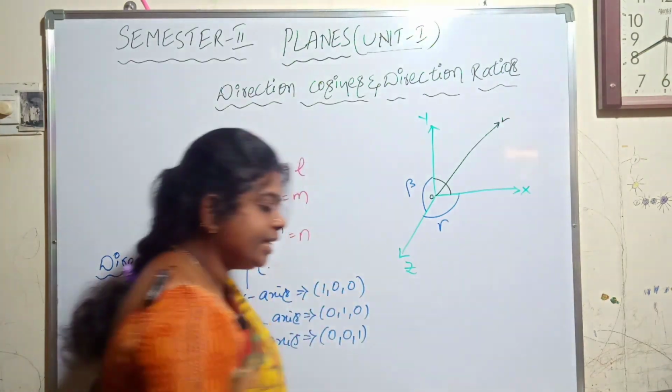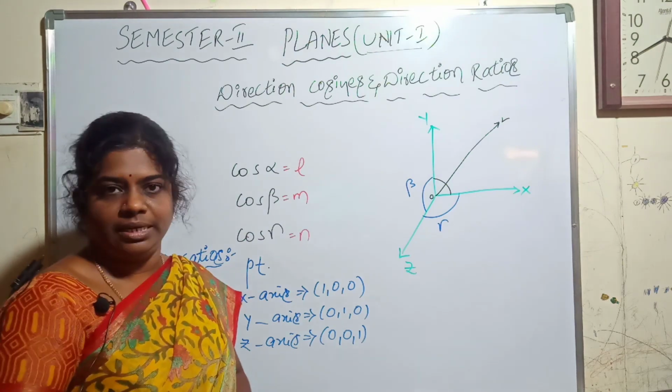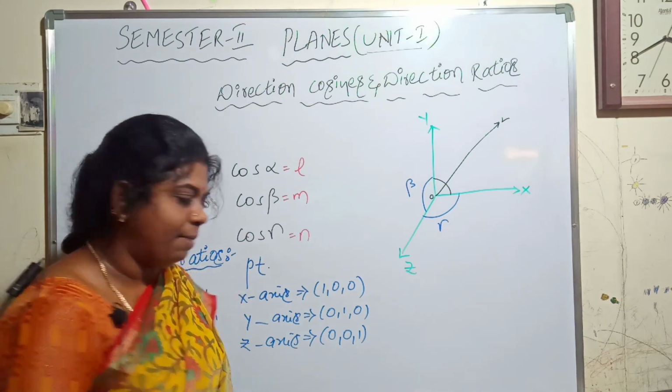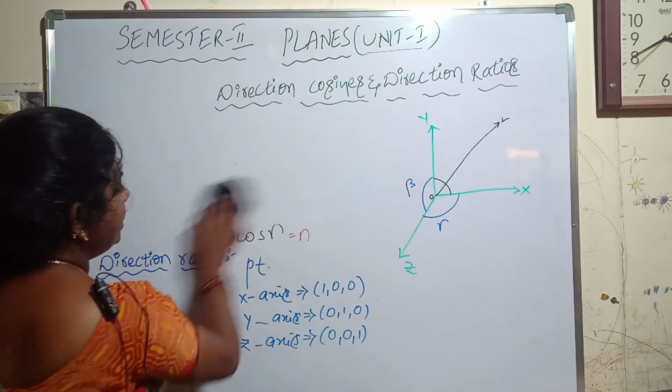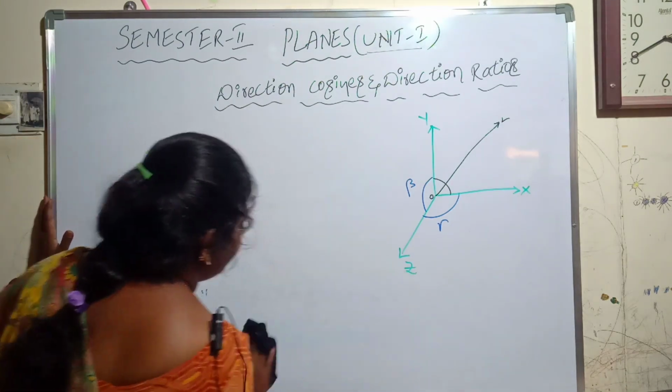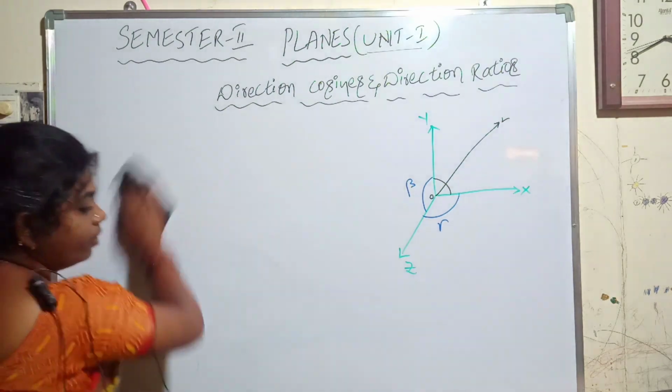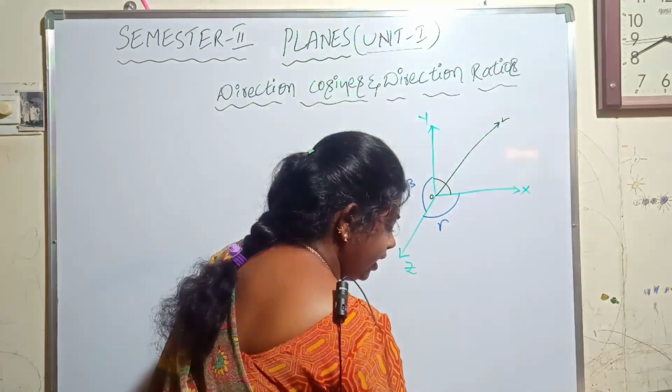The direction ratios are the numbers which are proportional to the direction cosines.